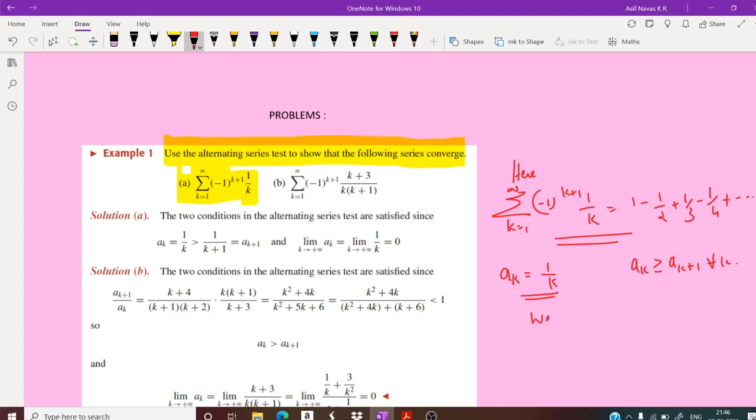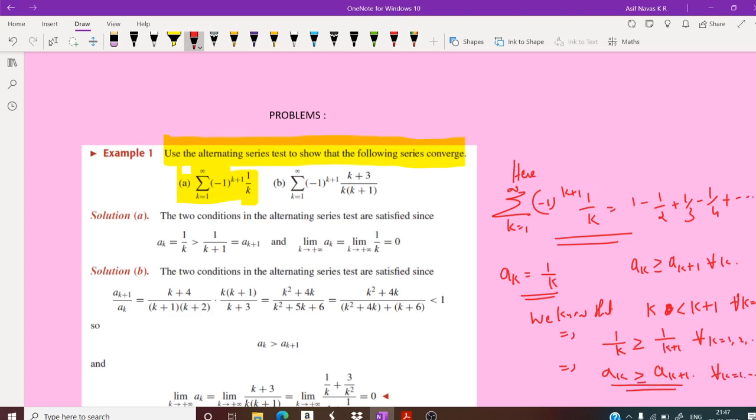We know that k is always less than k+1 for all k equals 1, 2, 3, etc., which implies 1/k is always greater than or equal to 1/(k+1). So a_k is always greater than or equal to a_(k+1).